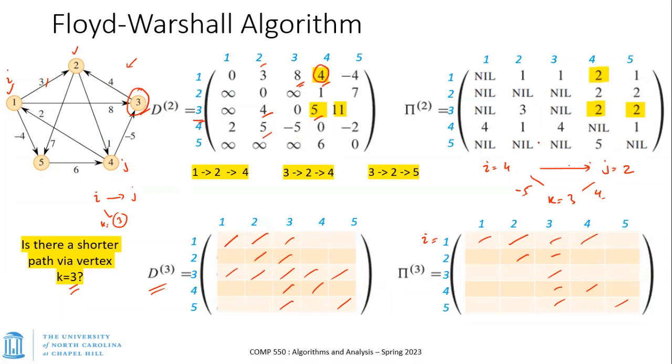Is that right? Yeah. So you notice that 4 to 2 currently was going through 1. And by going through 3, it's found a better way. And it's using up the previous results.